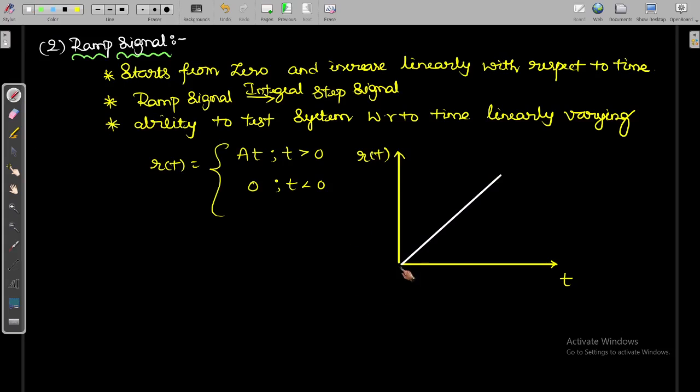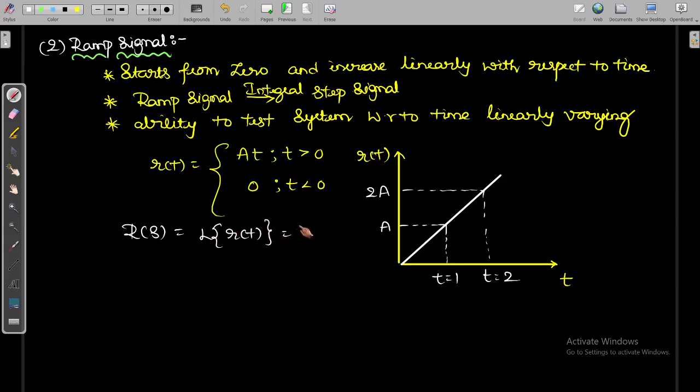At t equals 1 it has a value of A. At t equals 2 it has a value of 2A, like that. So what is R of s? Whenever you take the Laplace transform of r of t, that is the Laplace transform of A t, it becomes A by s square.